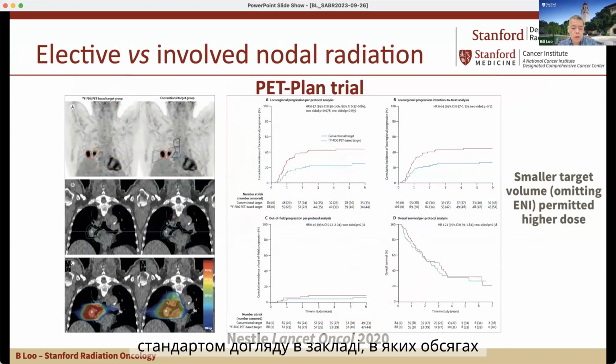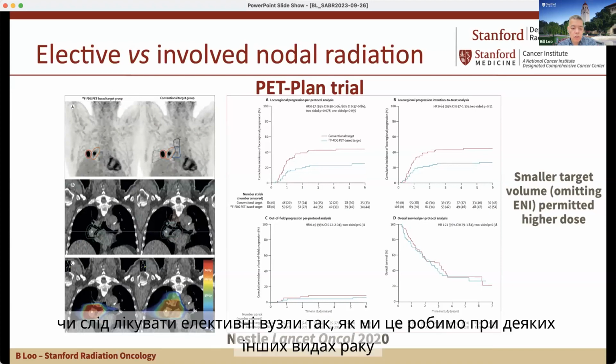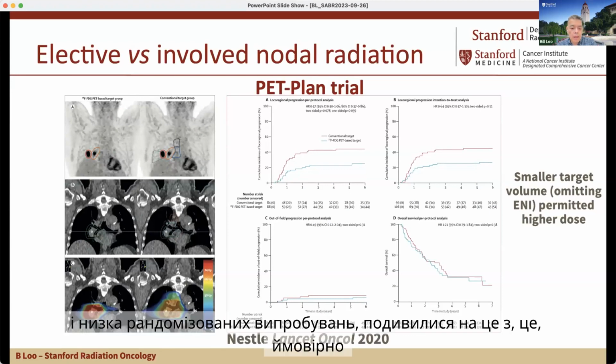In terms of what volumes to treat, one of the historical questions has been, should elective nodes be treated as we do in some other cancers? And a number of randomized trials looked at this.